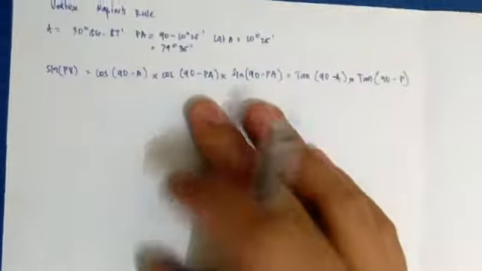So first, we need to get the latitude of the vertex. In getting the latitude of the vertex, we need to derive this formula.